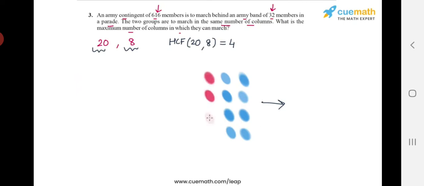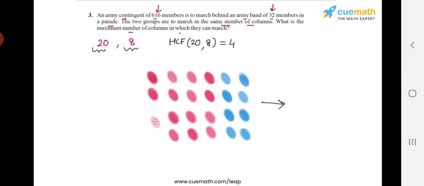So we have this first row, then this second row, then this third row, then this fourth row, and then this fifth row. And we see that the 20 army men also have been divided into 4 columns.